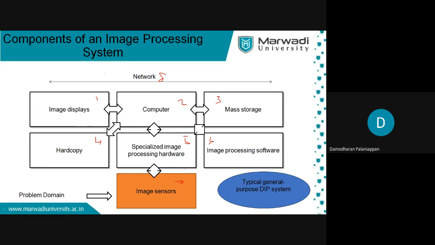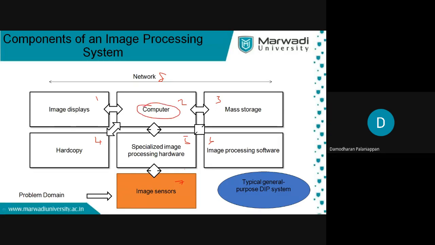The next, this image will be converted to a digital image, which can be recognized by the computer. For the conversion from the image sensor to the digital image, we require hardware, which we can call specialized image processing hardware. Once this hardware converts the image into a digital image, it will be transferred to the computer.